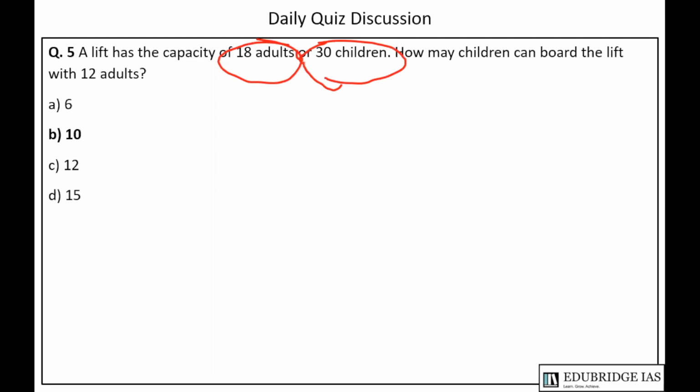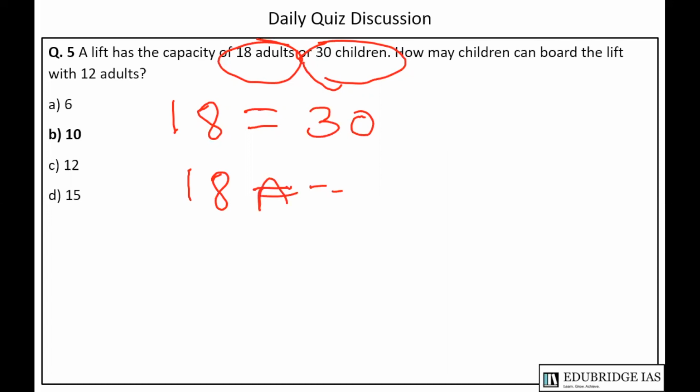So in this question, the lift is equating 18 adults with 30 children. Can we convert these 18 adults into children? So 18 adults are equal to 30 children. So one adult is equal to how many children? 30/18.